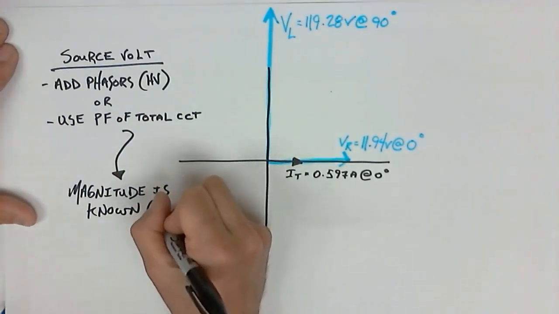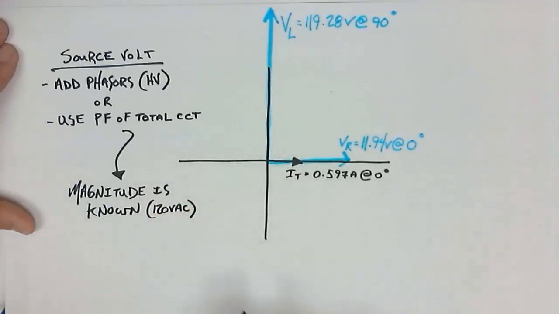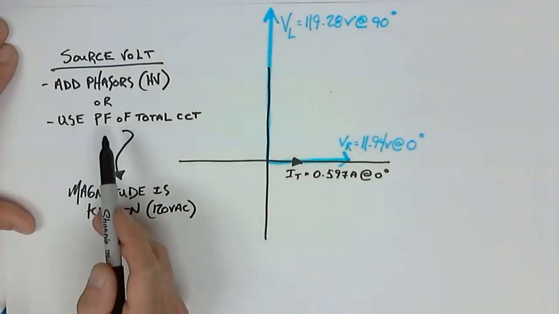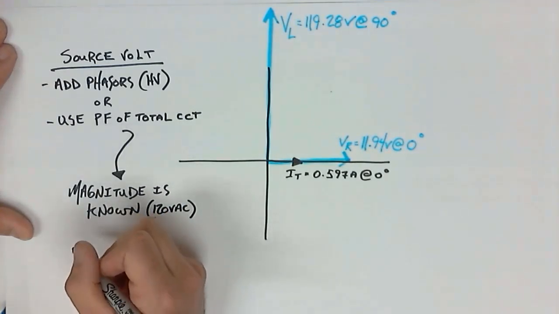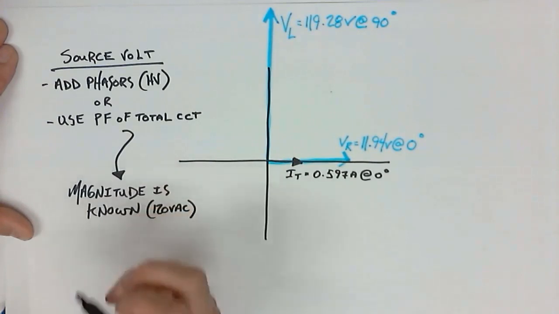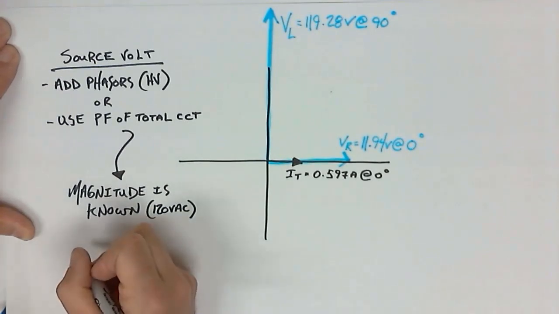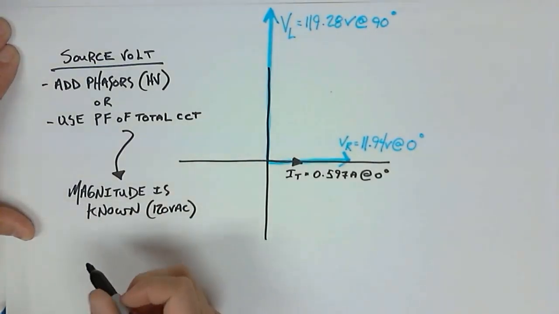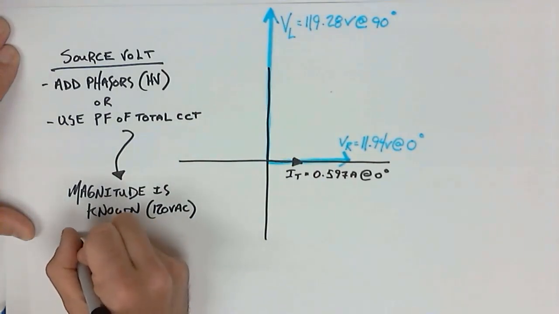It's 120 volts. And all that this power factor is going to do is determine the angle for us. The angle is going to be a product of using our trig. So we're only going to calculate the angle.